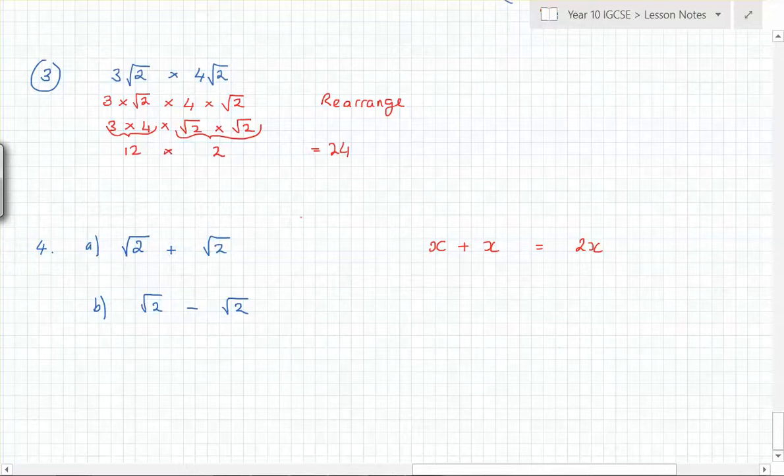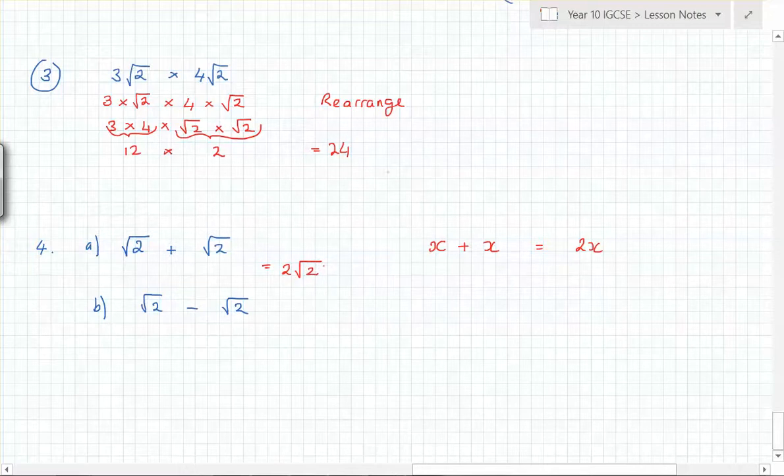Give me a go. Everyone else is managing to have a go. What do you think? 2 root 2. Good job, you had a go. 2 root 2 is the answer.